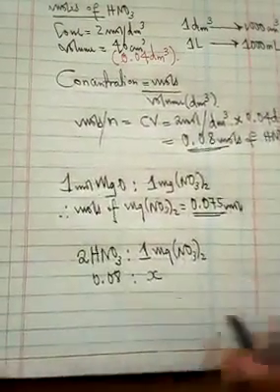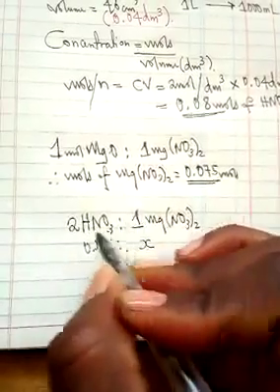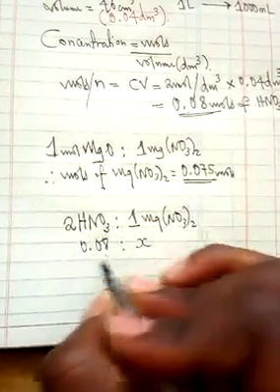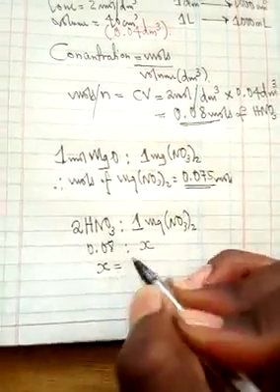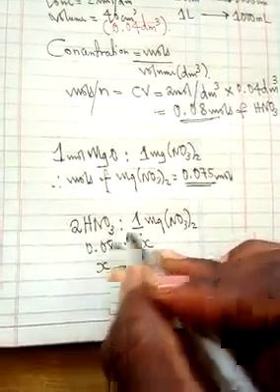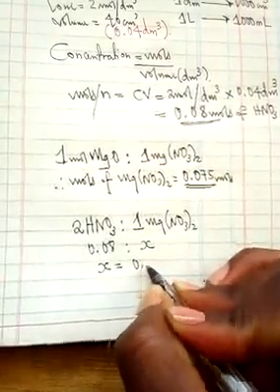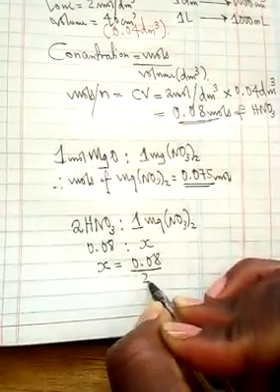The numbers are imbalanced. So what you can do here is cross multiply, and upon doing so, what you're just going to have in summary is x will be equal to 0.08 times 1. Definitely this is going to be 0.08, and this is just going to be divided by 2.